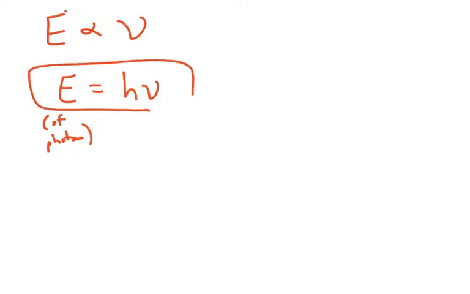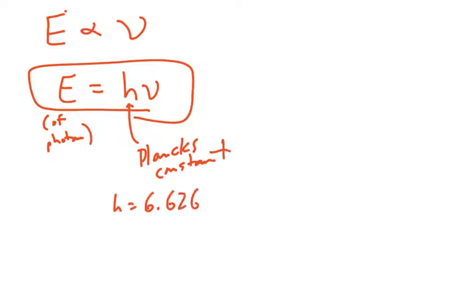That's a good one to remember, where h is Planck's constant. And this is equal to 6.626 times 10 to the negative 34 joules times seconds.